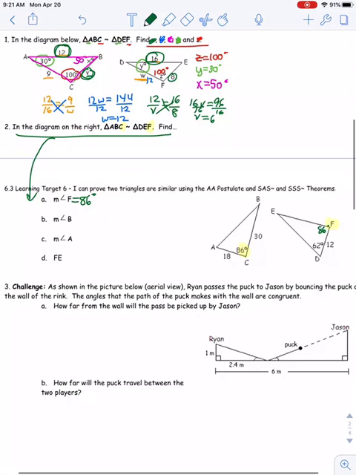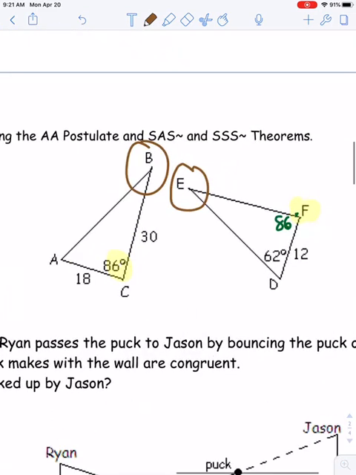Now to find B, I'm actually going to find E, because I'm just going to use the third angles theorem. Angle E plus 86 plus 62 equals 180 degrees. Just doing some work on my calculator now.